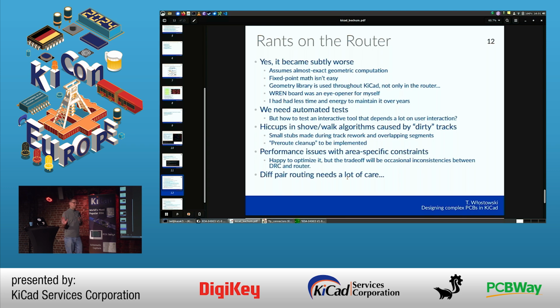I mean, you might get slight inconsistencies between the DRC and the router, but as I mentioned at the beginning of the presentation, always run DRC. The router is your aid. It's supposed to help you. It's not meant to ensure your PCB will be according to the rules.